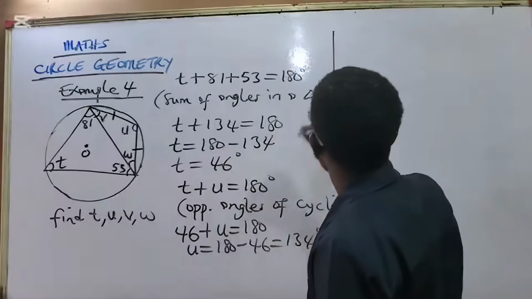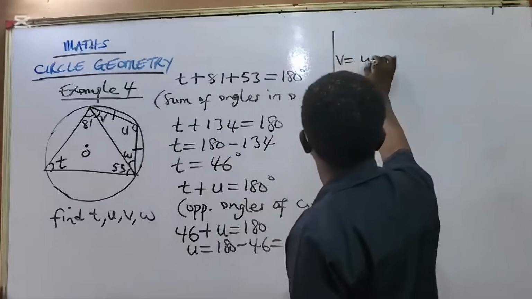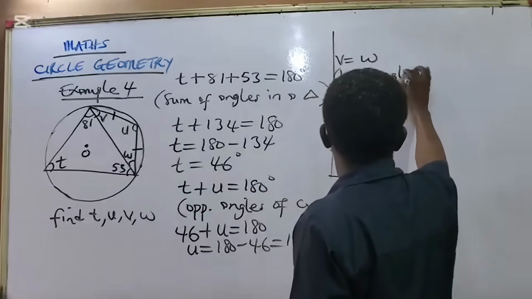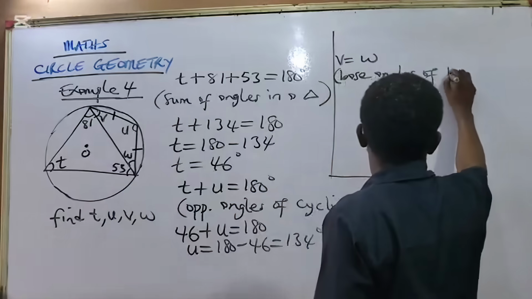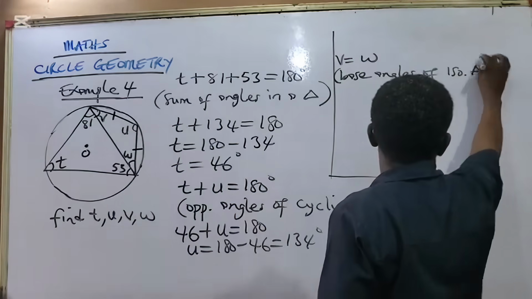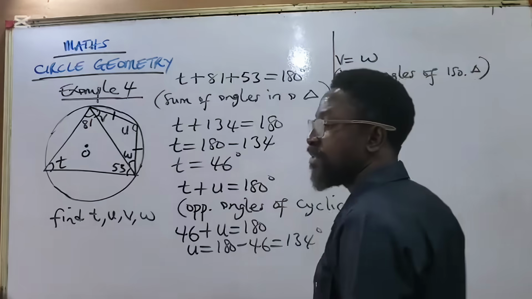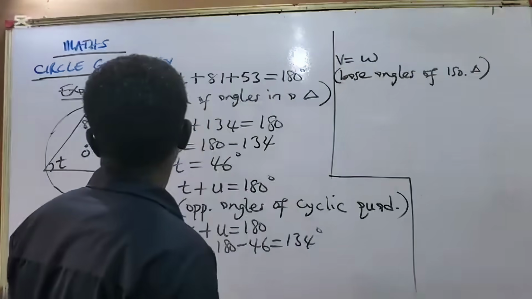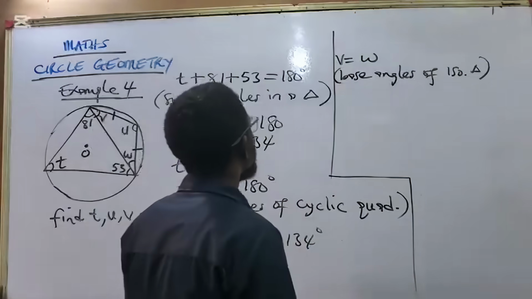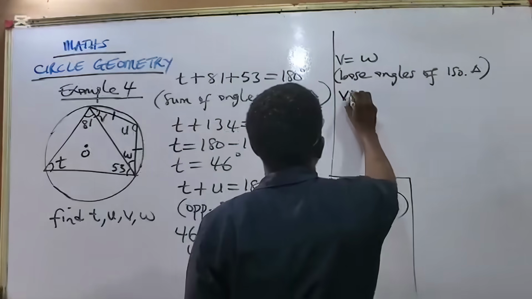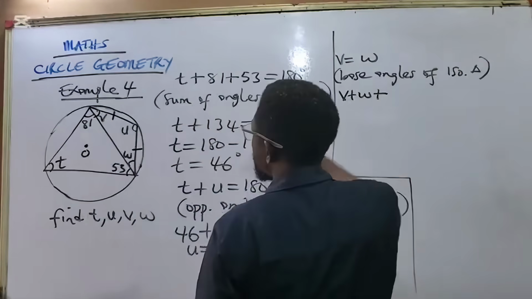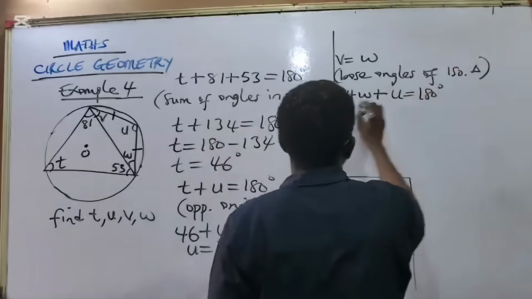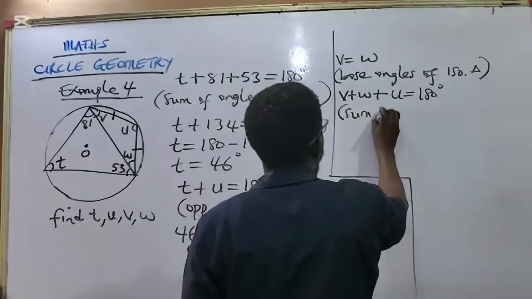So I'll get V equal to W. That's base angles of isosceles triangle. Base angles of isosceles triangle, they are what? Equal. So now, since V is equal to W, I can get V plus W plus U equals 180 degrees.